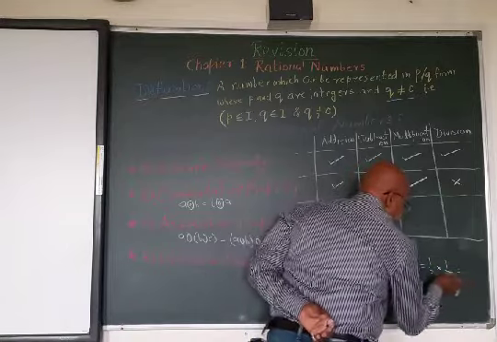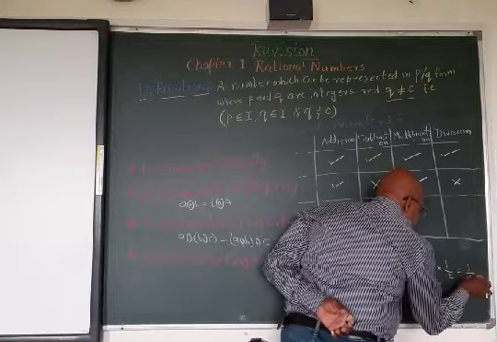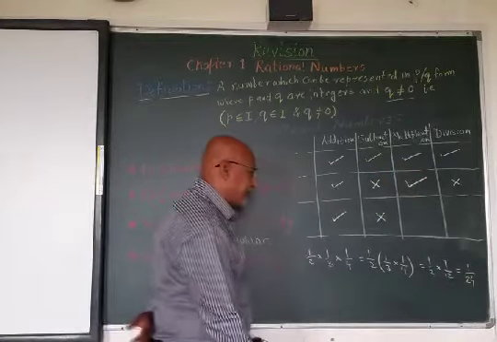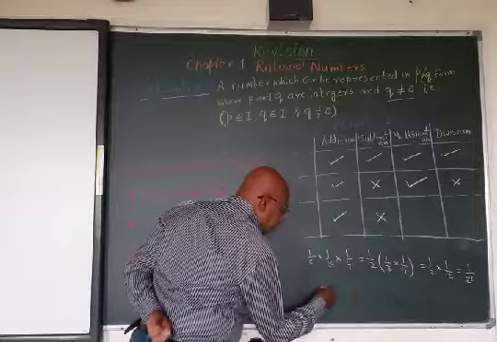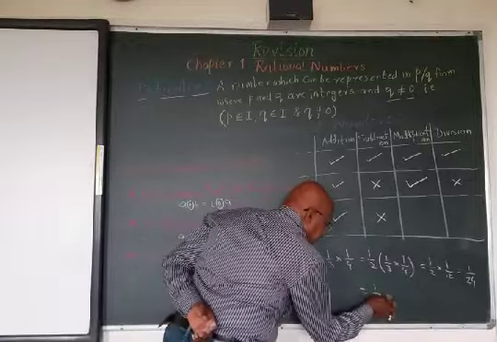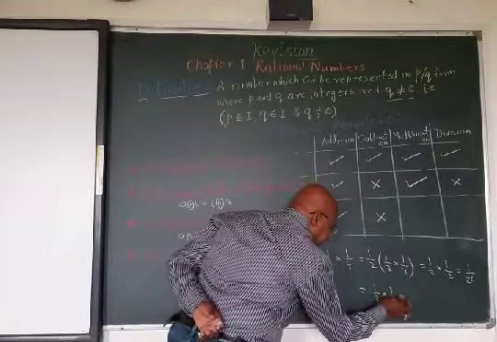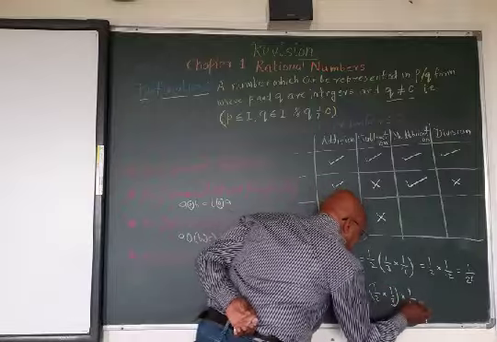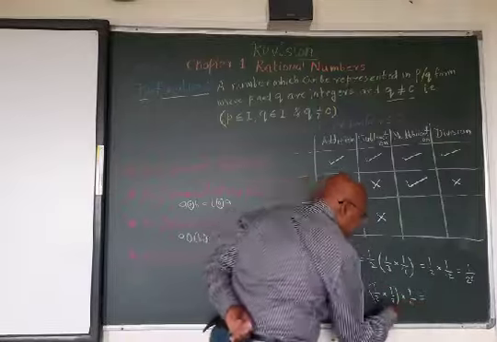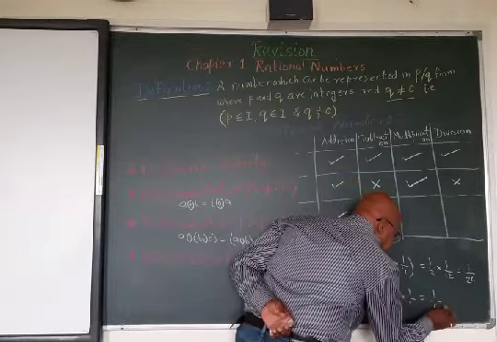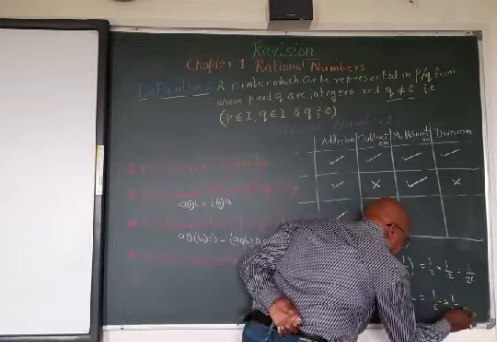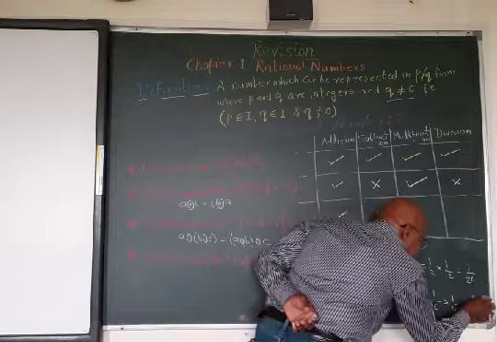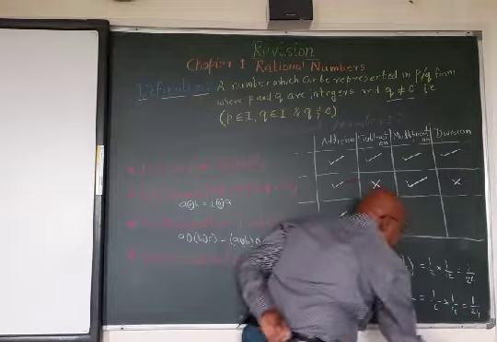And finally 2 12s are 24, so 1 upon 24. If I change the sequence, if I multiply 1 by 2 into 1 by 3 first and then multiply by 1 by 4, what I get? 2 3s are 6, 1 upon 6 multiplied by 1 upon 4. 6 4s are 24, so 1 upon 24.